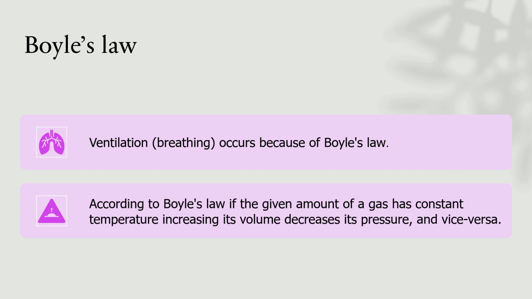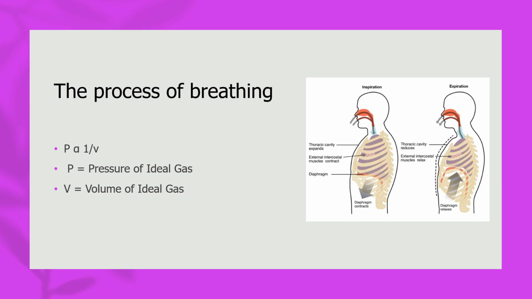And I have here on my slide, ventilation occurs because of Boyle's law. And according to Boyle's law, if the given amount of gas has constant temperature, increasing its volume decreases its pressure and vice versa, which we discussed earlier. I have a diagram here on the inspiration and expiration through Boyle's law.